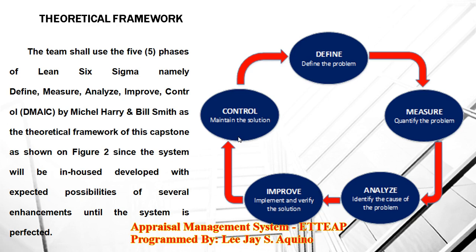So based on this, the system shall use the five phases of Lean Six Sigma, namely define, measure, analyze, improve, control, or DMAIC by Michael Harry and Bill Smith, as the theoretical framework of the capstone, as shown on figure 2.